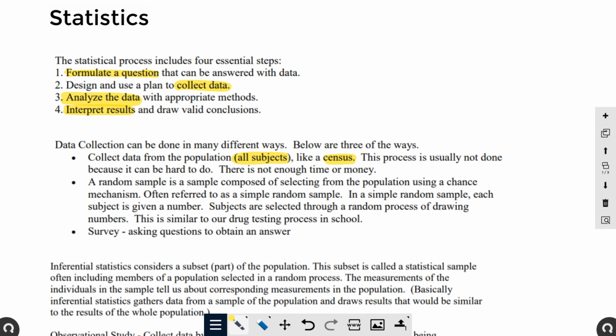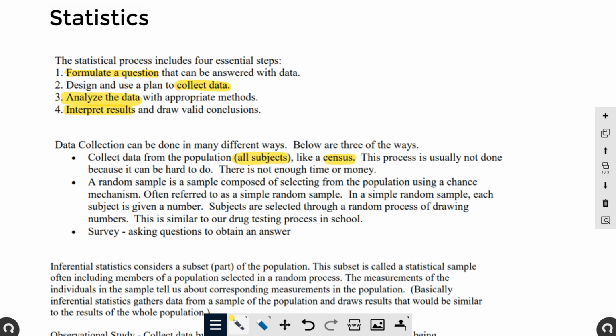It might take you a while, though, right, to do that. And actually, it would take a long time for some of you. If you think about that petition that was going around at the beginning of the year, it took a long time to find everybody. You can ask Brady. How long did it take for him to find everybody to sign that petition for the media center person? So doing a census is usually there's not enough time or money to gather the data that way.